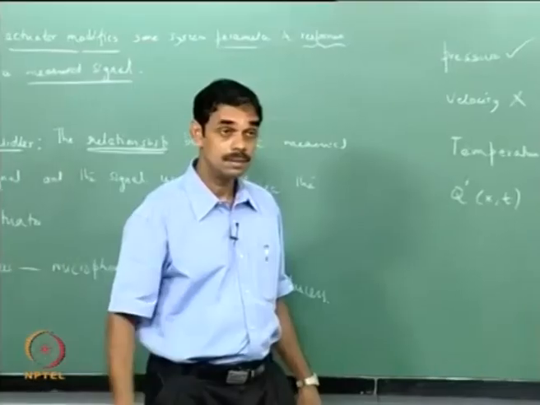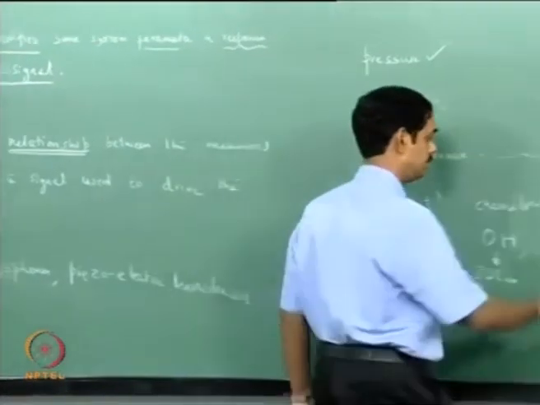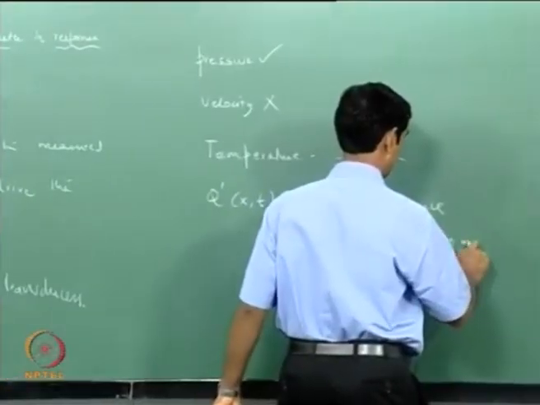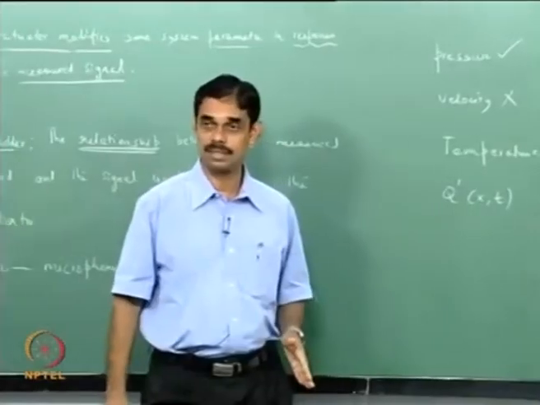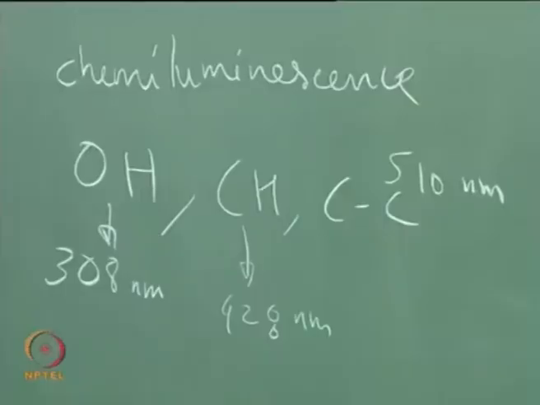How much? 510. 510 nanometer. So you can use narrow band pass filters which let only this light go, so that we see only that, and a lot of things are coming, we just focus on what we want.